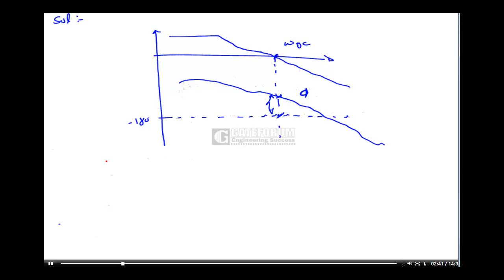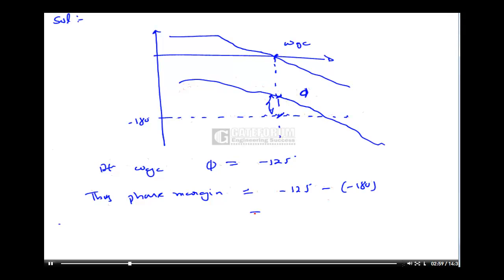So at omega gc the phase is equal to minus 125 degree. Thus phase margin is equal to minus 125 minus of minus 180, which will give me 55 degree. So this is the phase margin for the question which is asked. Okay, simple.